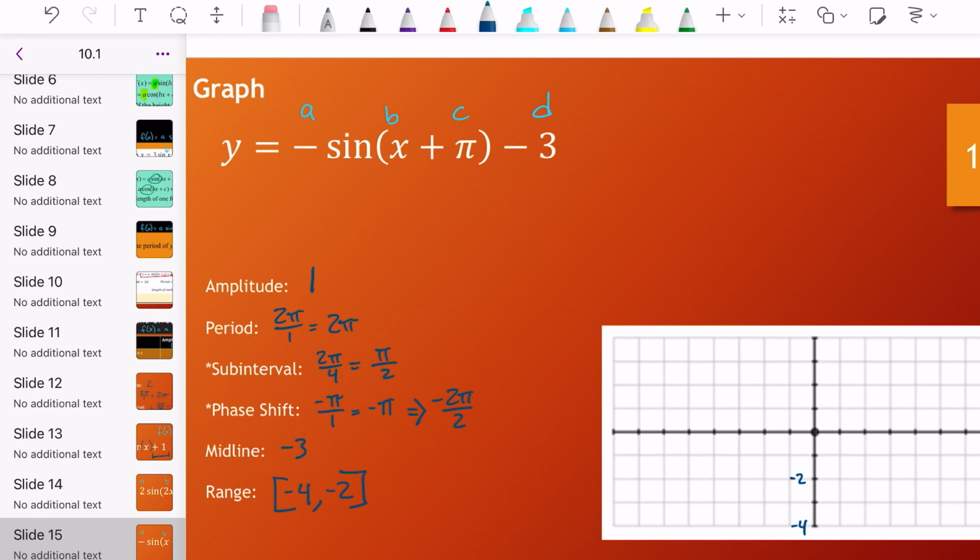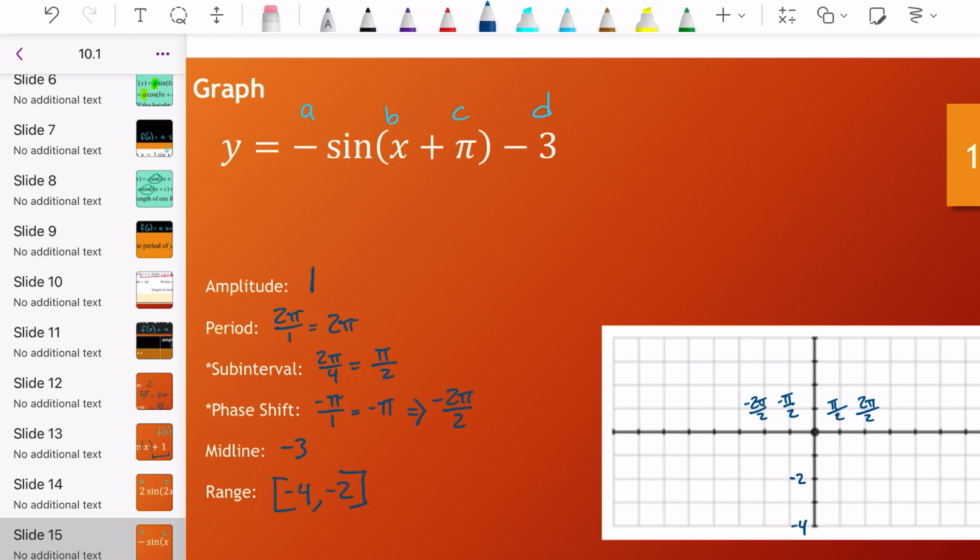So in this case, we're going to have pi over 2, 2 pi over 2. We're going to have a -pi over 2 and a -2 pi over 2.